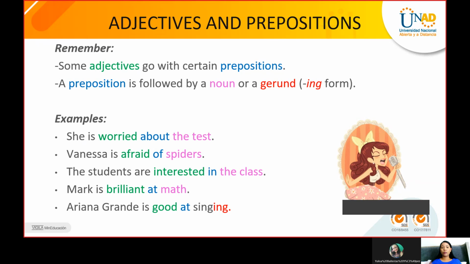That means that you cannot say she's worried of the test. No, it's not correct. So she's worried about the test. Or for example, I'm worried about COVID-19, right? I think many people are worried about COVID-19.